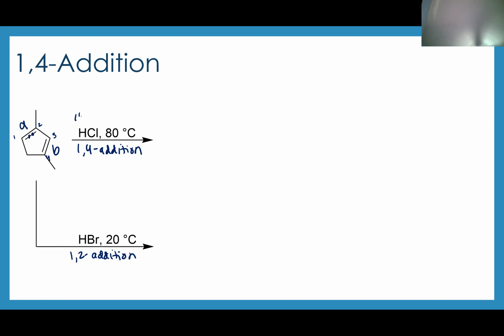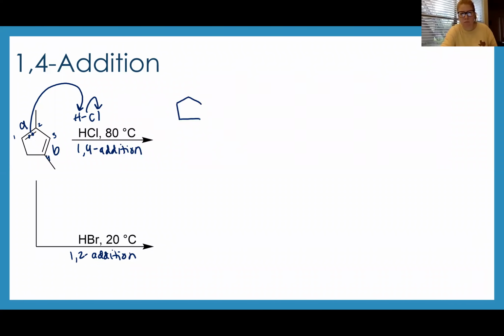So if we protonate alkene A, which carbon do we put the hydrogen atom on? On 1. Right. Why do we put the hydrogen atom on carbon 1? Because you want the carbocation to be the most substituted. Right.